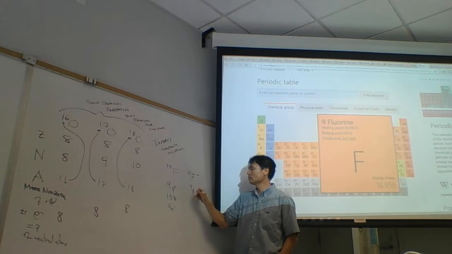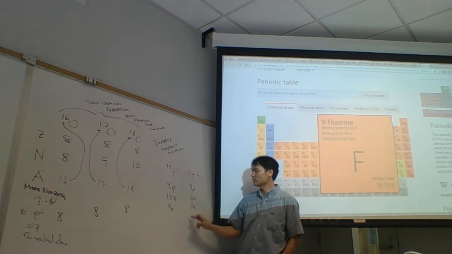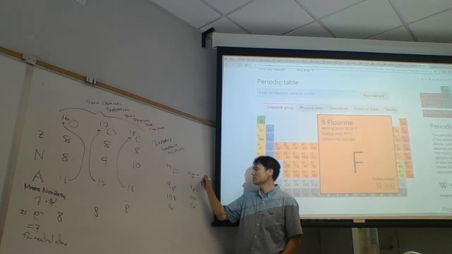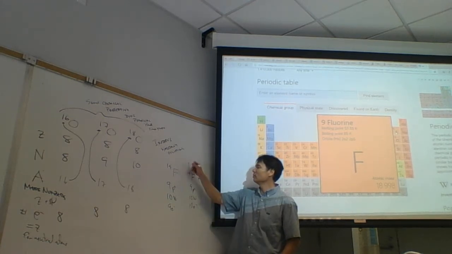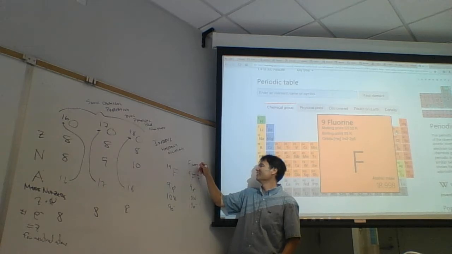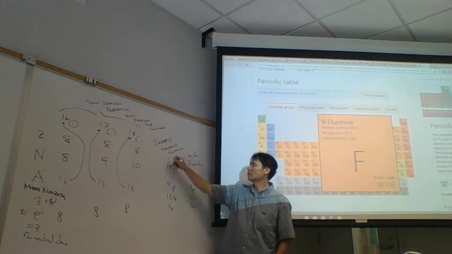And that has 9 protons, 10 neutrons, and 10 electrons. So there's an imbalance. We have an extra electron, which leads to this negative charge. So it's not completely balanced. And we call this fluoride. But we'll talk about this later. This is an aside. And this is called fluorine.